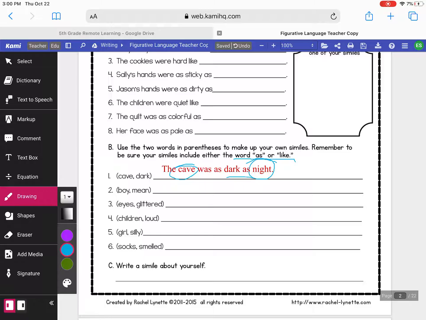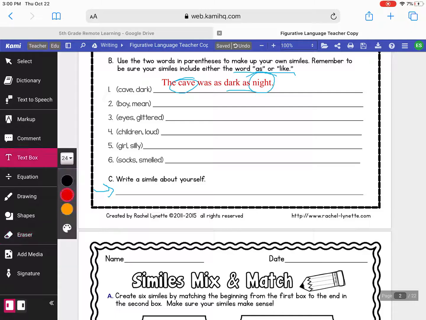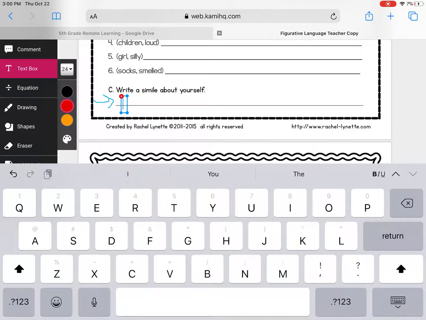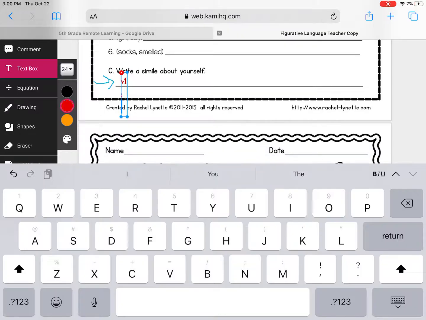All right, and then down here, write a simile about yourself. So I'm going to say, Miss, capital, Miss. Whoa, that's weird. I know that's happened to you guys before. Bring it up and put it over.